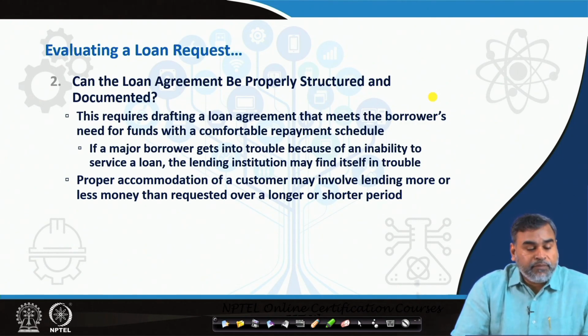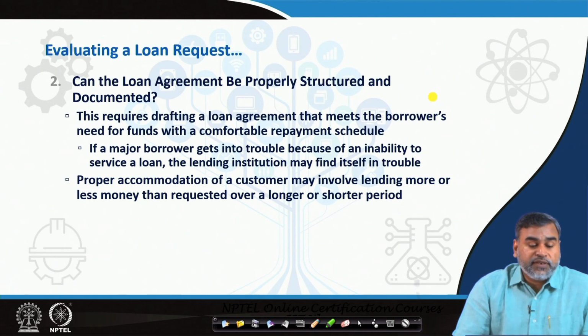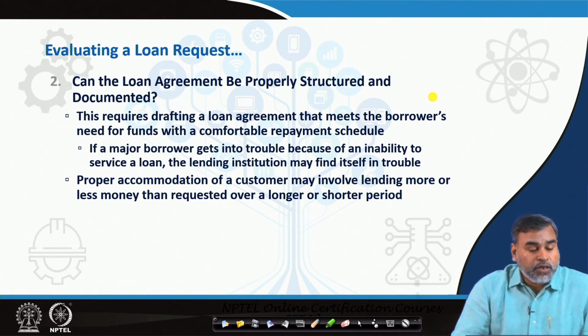So, the drafting of the loan agreement should meet the interest of both stakeholders, both the borrower and the lender. It should meet the borrower's need and it should have a comfortable repayment schedule. That means, if a major borrower gets into trouble because of an inability to service a loan, the lending institution may find itself in trouble.